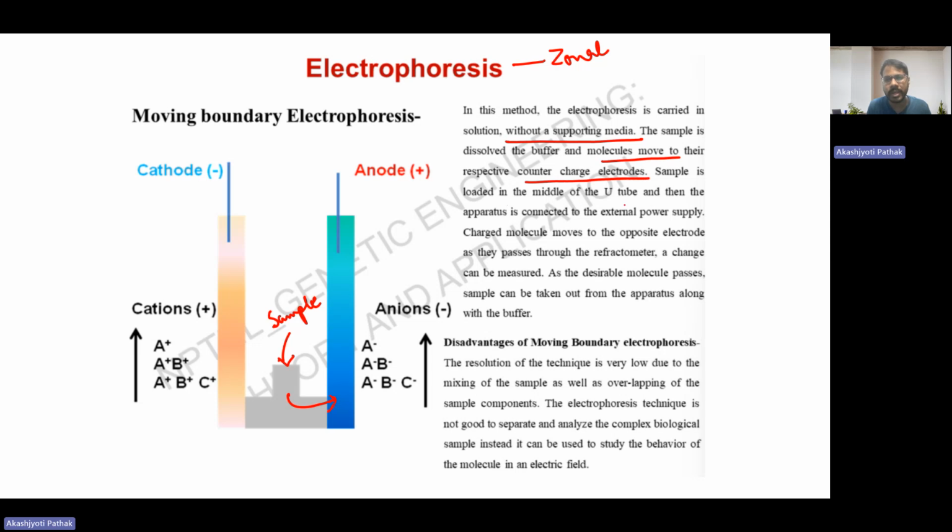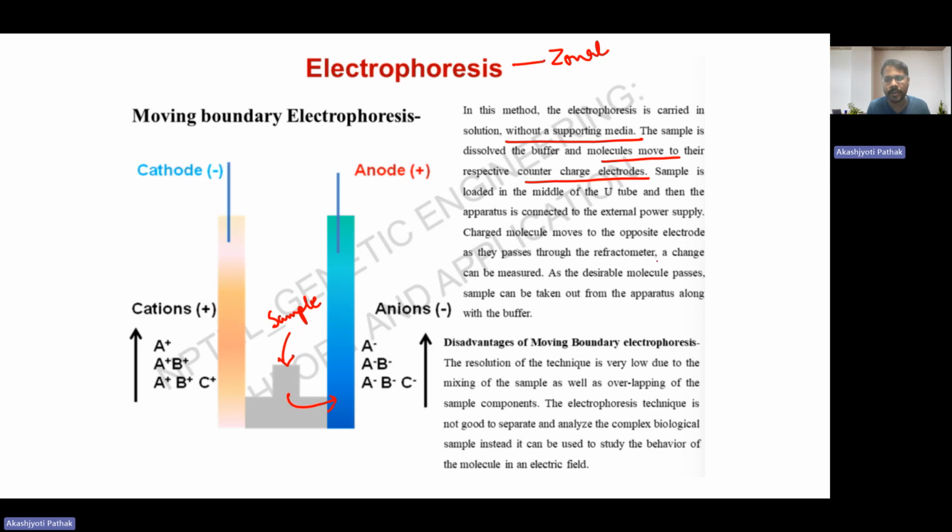So the sample is located in the middle of the U tube. You apply it in the middle of the U tube, and then depending on the charge, what will happen? Now this apparatus will be connected to the external power supply, and the charged particles will move to the opposite electrode.